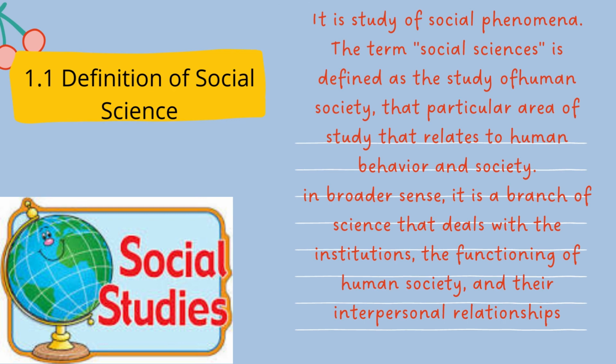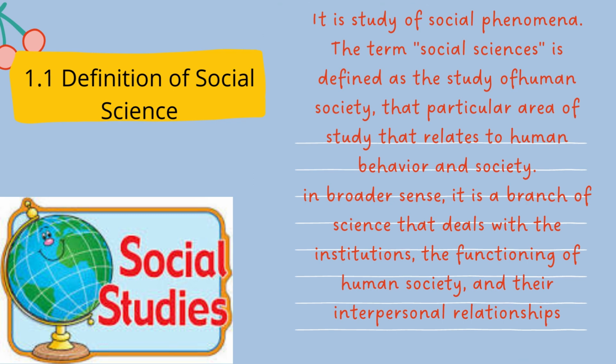Now, in order for us to understand a part of our introduction, lesson 1 or week 1, we have to define social science. And based on the presentation, it is a study of social phenomena. And what do we mean by phenomena? Sa madaling sabi, ang phenomena ay ang mga bagay na nakikita natin or nag-i-exist. Hindi kailangang nakikita sa mata as long as we know and we believe with our idea that it existed.